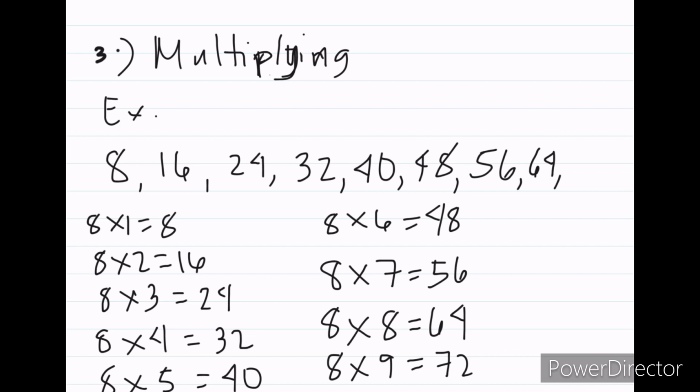The multiple of 8 after 64 is 72. And next, 8 times 10 equals 80. The multiple of 8 after 72 is 80. So that's how to identify the multiples of a number through multiplying.